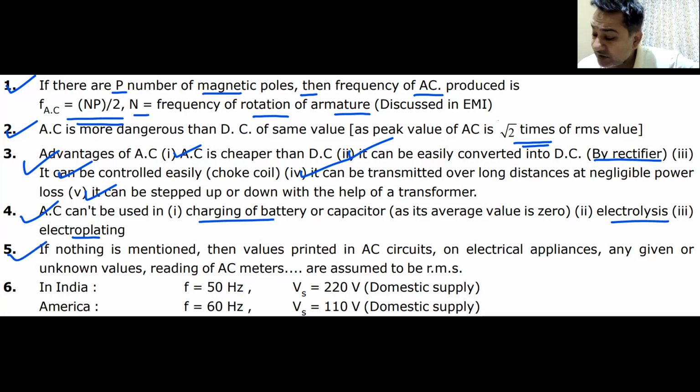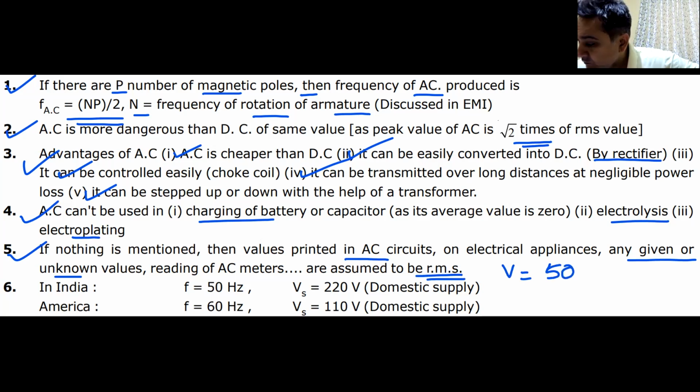If nothing is mentioned, and remember this is very important, if printed on electrical appliances or in AC circuits, any given or known values are assumed to be RMS. So if I say AC voltage is 50 volts, which value am I talking about? I'm not talking about the peak value. I am talking about the RMS value.